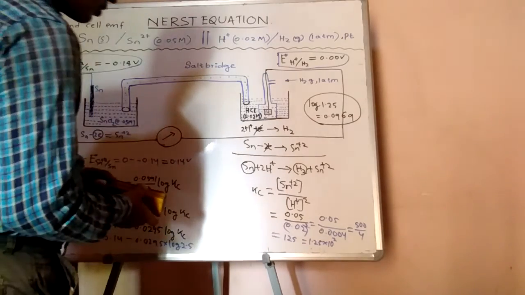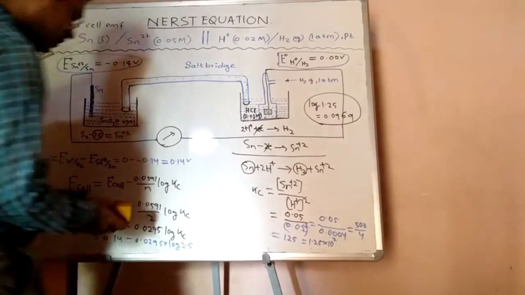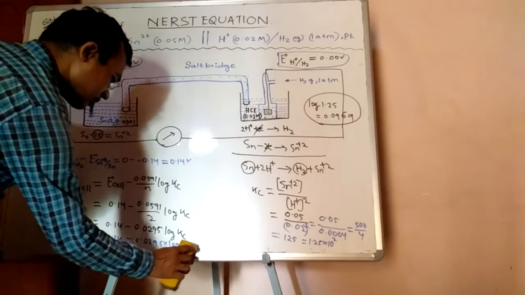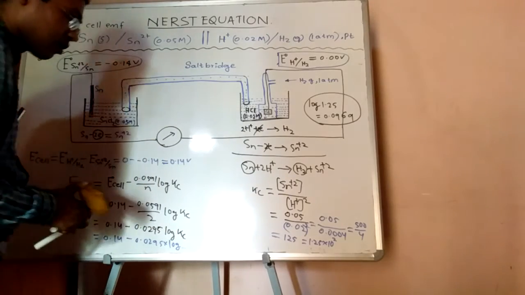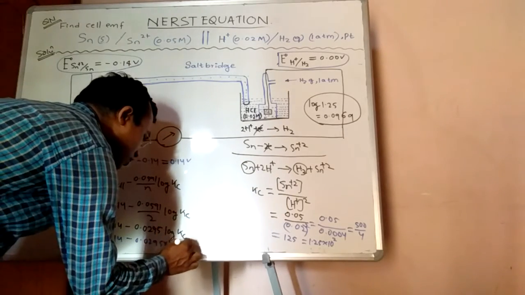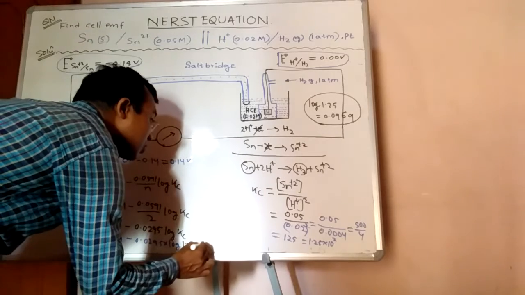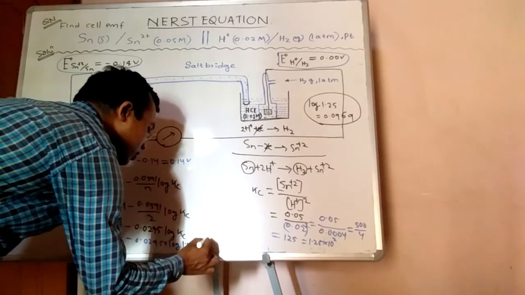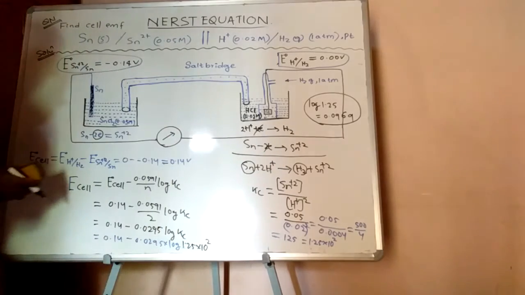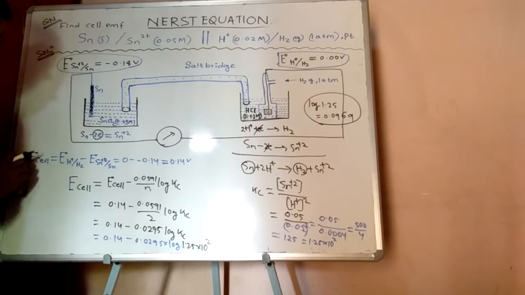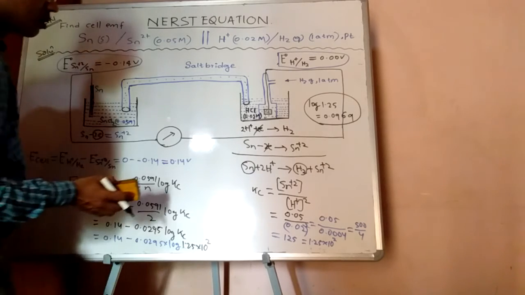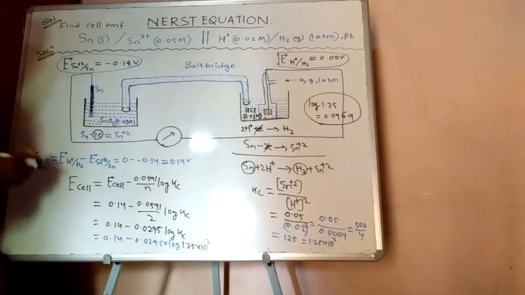Now we will put the value of Kc here. E cell equals 0.14 minus 0.0295 into log of 1.25 into 10 to the power 2.